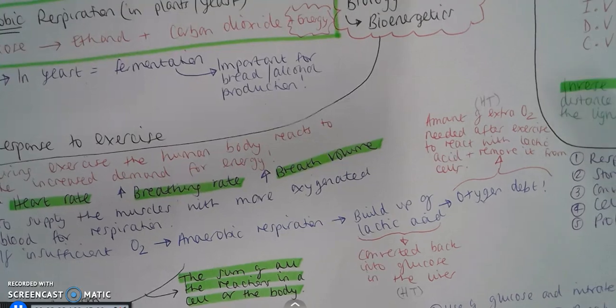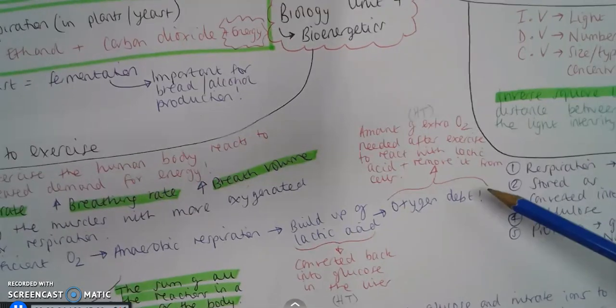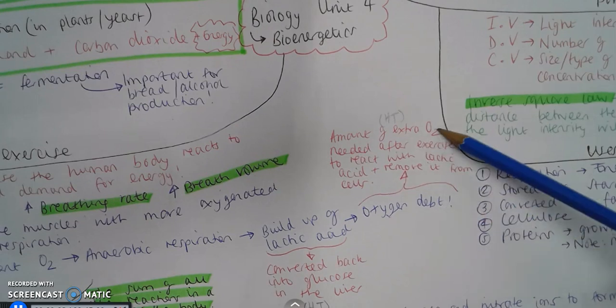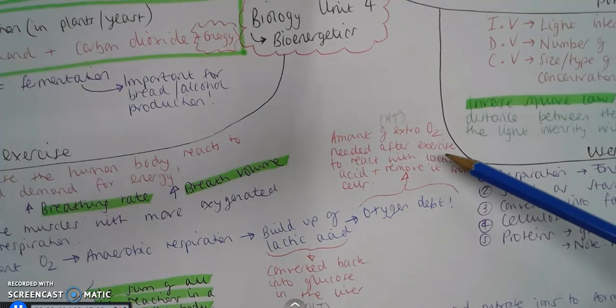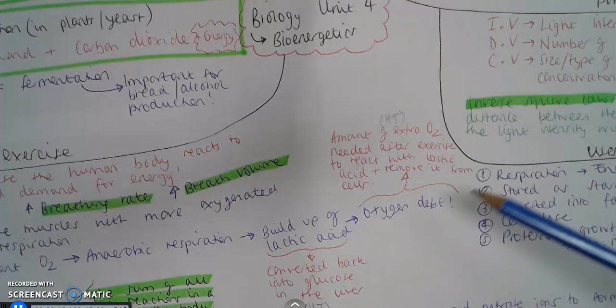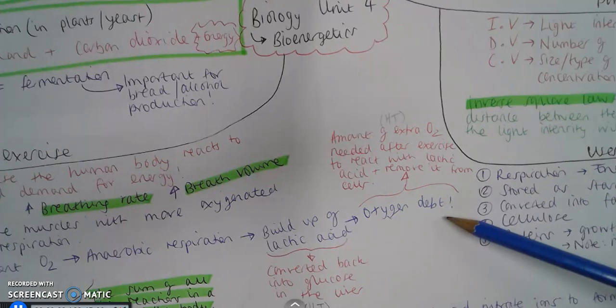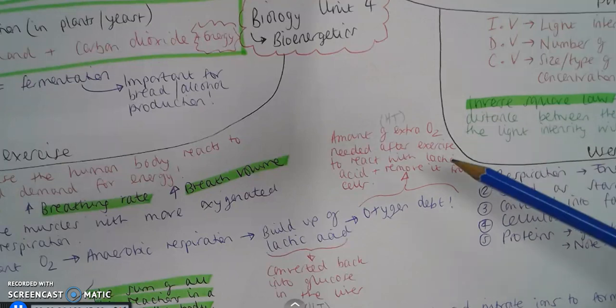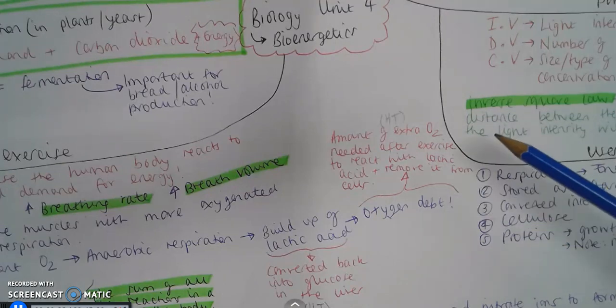And the oxygen debt, what that is referring to is the amount of extra oxygen that the body needs after exercise so that it can react that oxygen with the lactic acid and remove it from cells. Okay, so post-exercise, because of lactic acid buildup, you need a certain amount of oxygen to enter the body to react with that lactic acid to remove it and get rid of it.